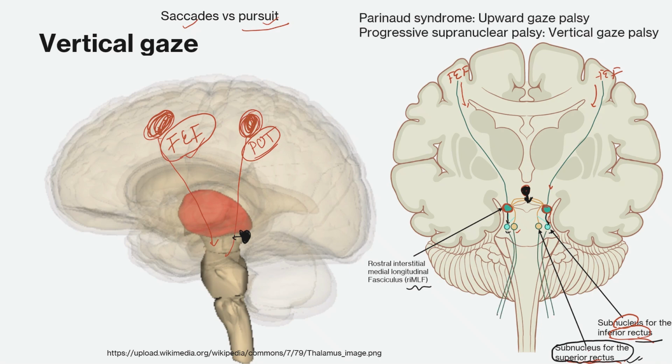So in Parinaud syndrome, which occurs because of the compression of the midbrain at the level of the superior colliculus by tumors like pinealoma, we will only have upward gaze palsy.